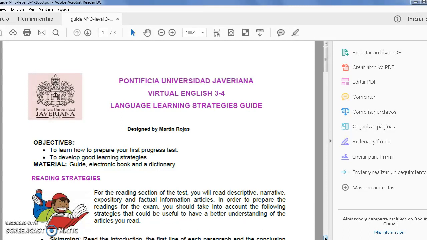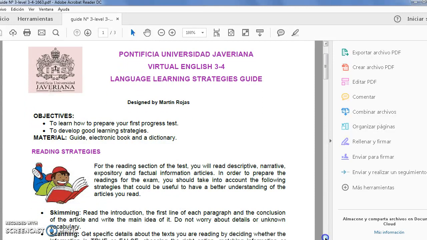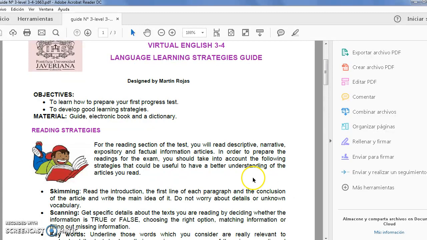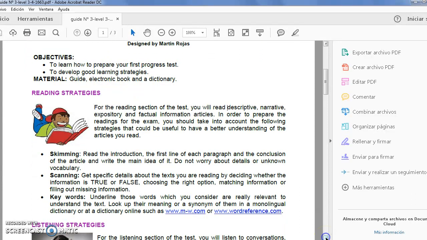The first strategy we have is about reading. The texts you will probably read in the first progress test are descriptive, narrative, expository, factual information articles. And in order to prepare this skill, you have the following strategies.